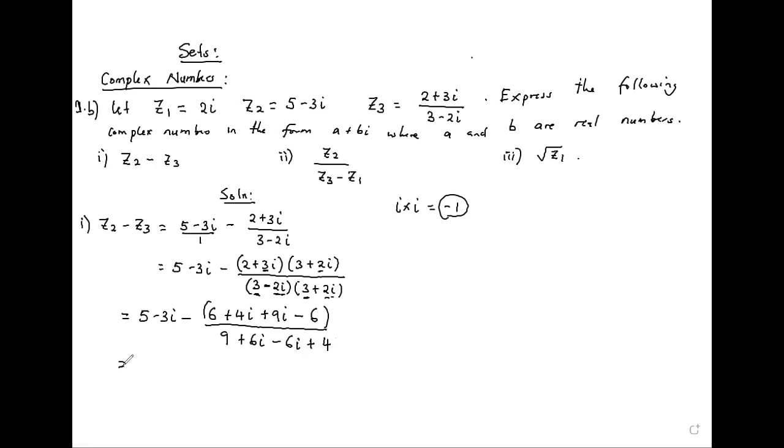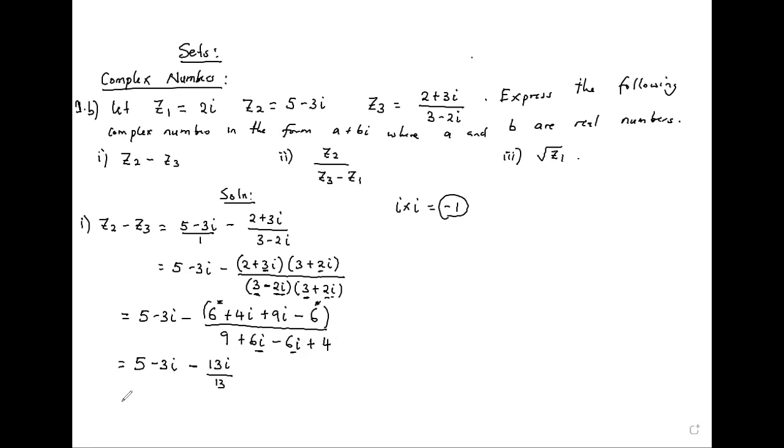This is giving us 5 minus 3i, 6 minus 6, that is 0. So now we have 4i plus 9i, we get 13i in the numerator, over 6i minus 6i, that is 0. 9 plus 4, we get 13.